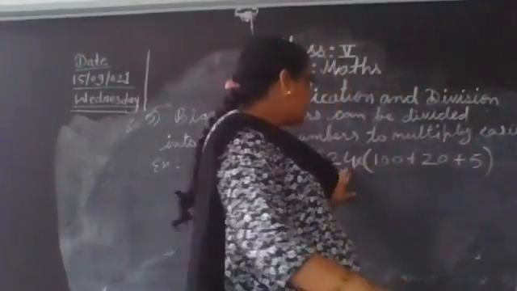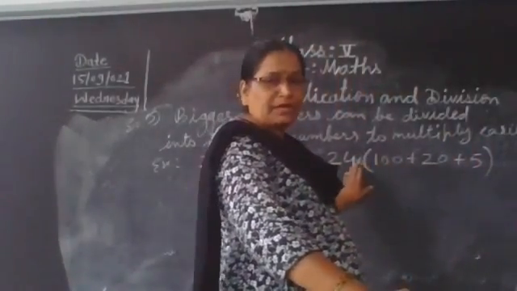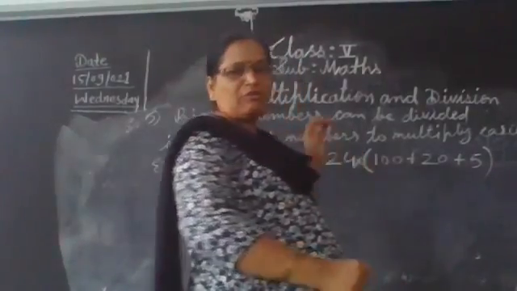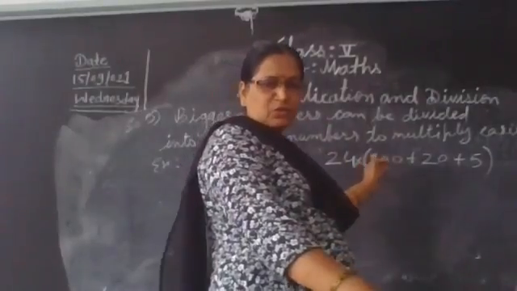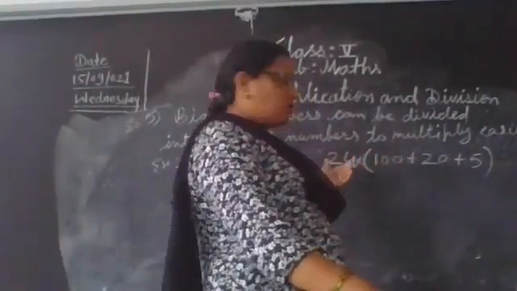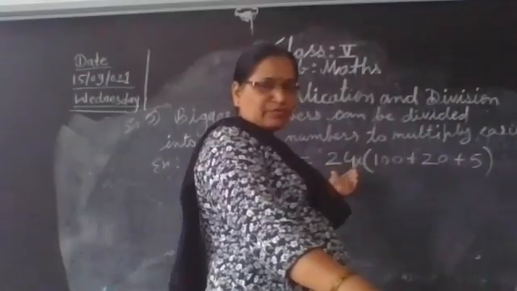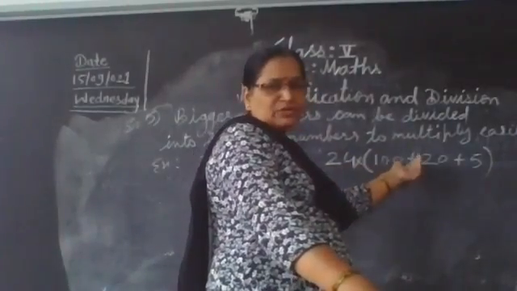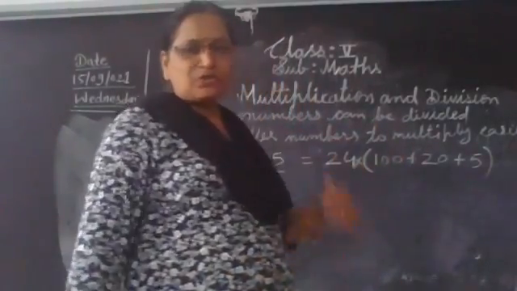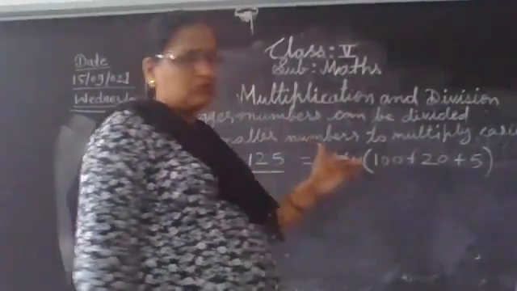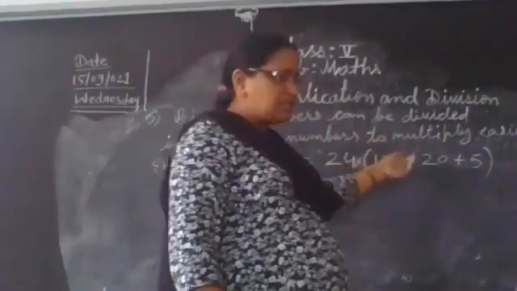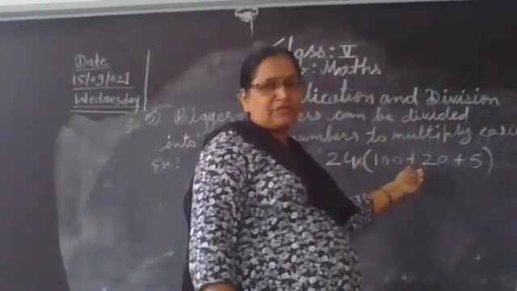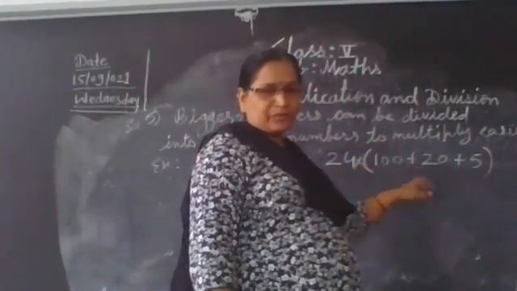Here you can see the distributive property of multiplication over addition. Here you have to distribute 24 with each number enclosed in the bracket. This property is known as the distributive property of multiplication; here there is addition, therefore it is over addition.